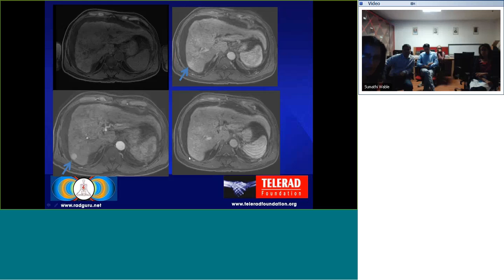I would have liked to see, we don't know at what time point they did this. If they did it immediately after this, we have seen this used to come in many cases from outside for second reads, because the transplant surgeons wanted us to read the study. It depends. If you did a portovenous phase and immediately did this, it may not be enough time to show the washout.